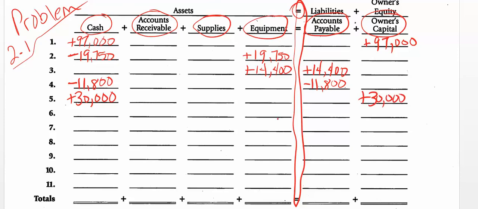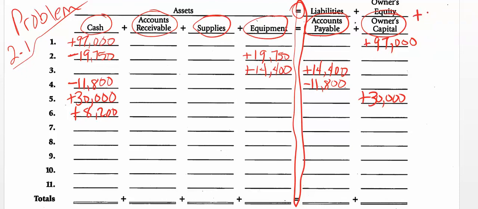Okay, number 6, we performed services for $8,200 in cash. So cash, that's an easy one. So we add cash, $8,200 in cash. And we performed services for cash, so that would be revenue. And this particular problem doesn't have a separate column for revenue, but revenue falls under owner's equity.